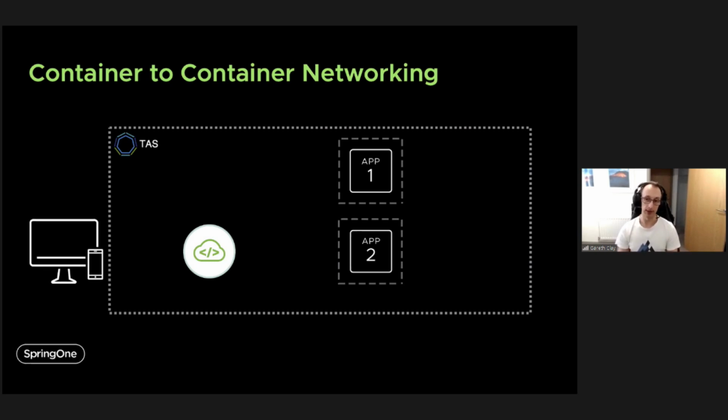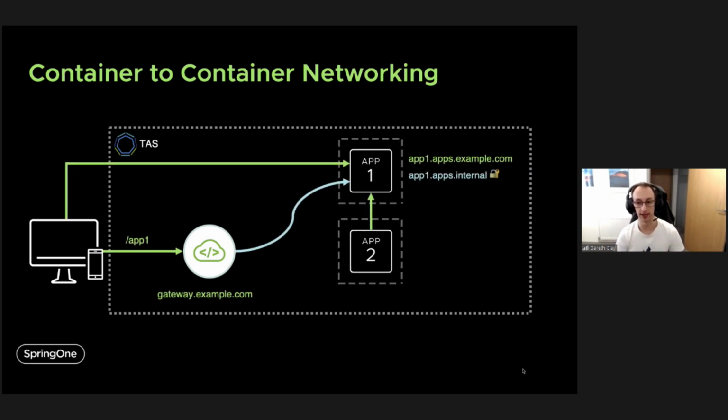And only then if there's an explicit container-to-container network policy which allows those apps to talk to each other. So when you bind an app to Gateway, as well as setting up the routes, we'll configure container-to-container networking between the Gateway container and your application's container. And then we'll send traffic to your application via its first internal URI.